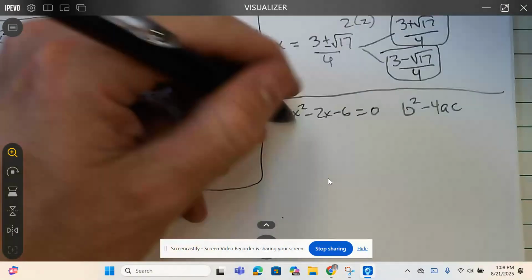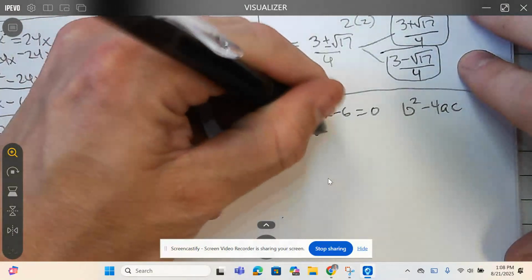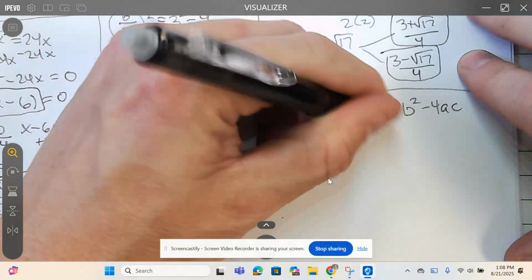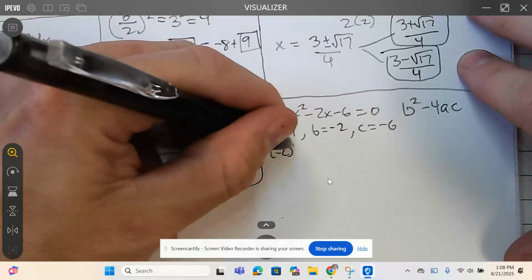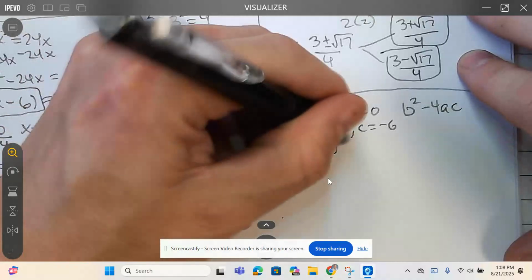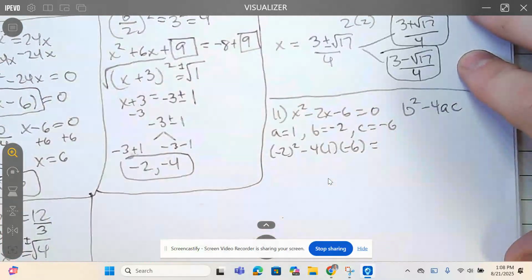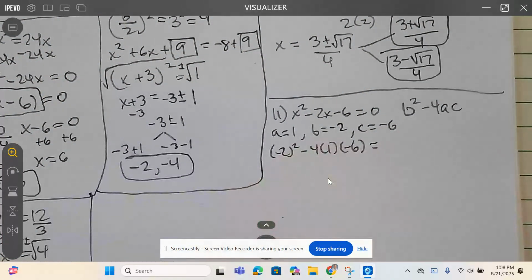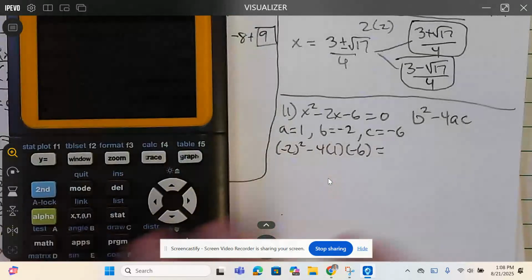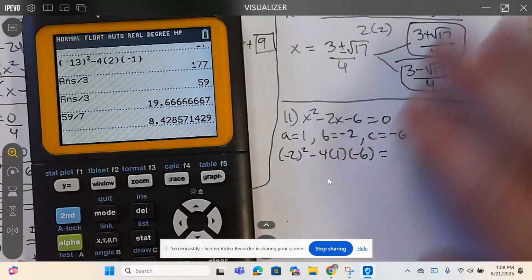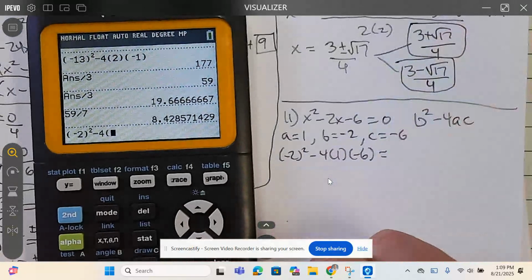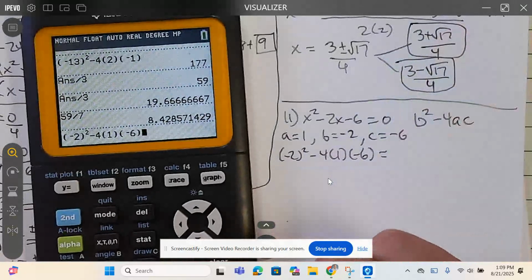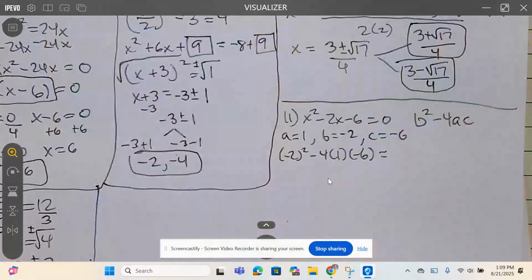So a is 1, b is negative 2, c is negative 6. So b squared minus 4ac. We'll calculate what that is, and then I'll determine what the type is. That's 28.